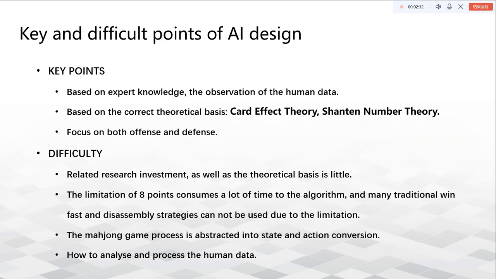But the fundamental framework is based on research theory, card effect theory, and some number theory. On the other hand, our algorithm focuses on both offense and defense. In particular, how to get a winning hand and how to prevent other players from getting a winning hand.